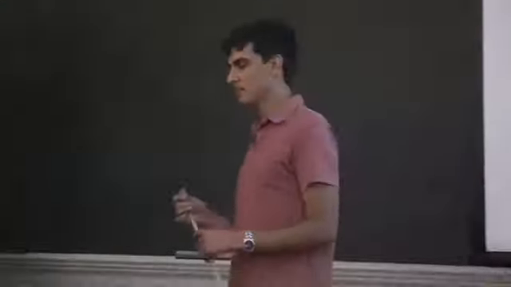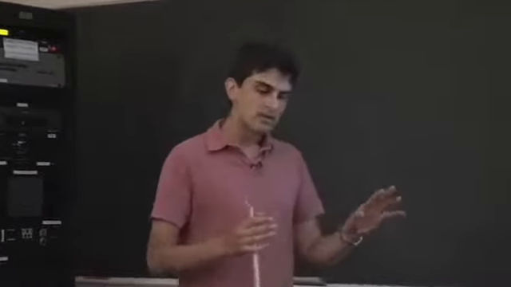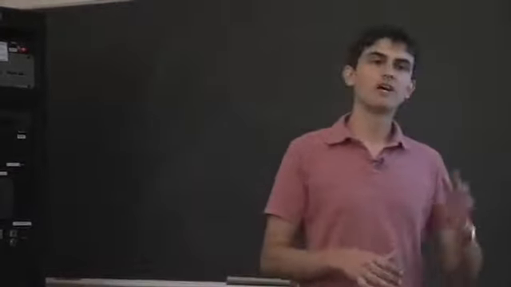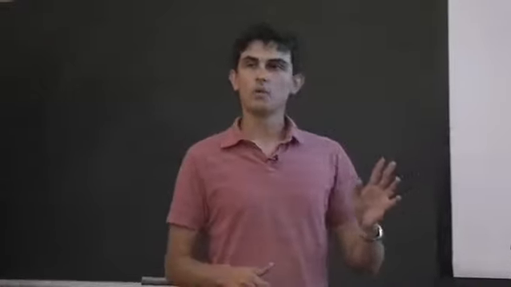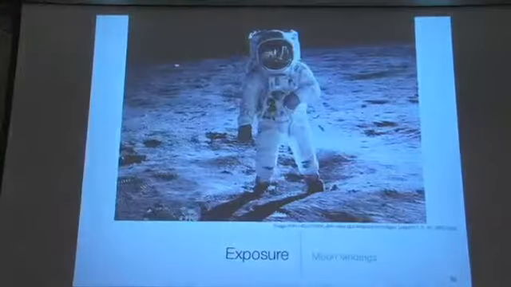Now, this has actually been an interesting debate for a long time: the theories that the moon landings were faked. There's a variety of reasons, ranging from plausible to downright ridiculous. But one of the things I think is particularly enticing to us as budding photographers is that people claim the exposure on these is wrong.